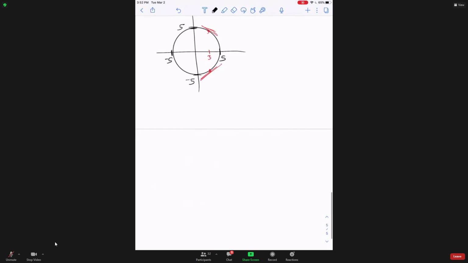All right, so find the slope of the tangent line to 2x squared minus 3y to the third equals 5 at the point negative 2, negative 1.